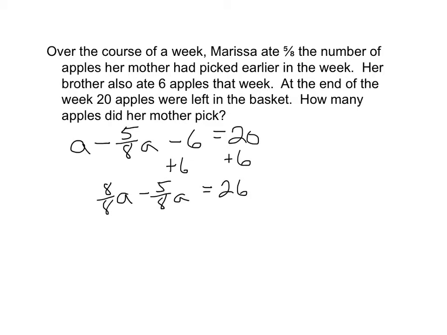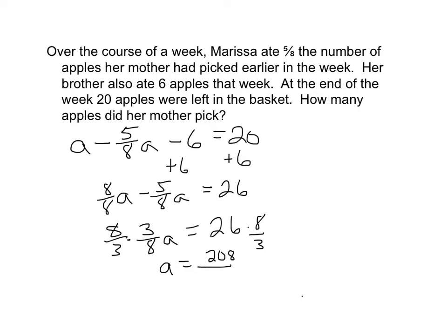So if there were 8/8 and Marissa ate 5/8, 3/8 times the number of apples her mom picked would equal 26. And since it's multiplying by a fraction, to divide, we multiply by the reciprocal. So we have 8/3. So then A is equal to 26 times 8 would be 208, because if I do 26 times 8, 4, 16, 208 over 3.